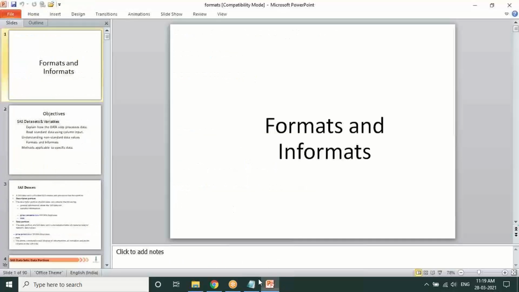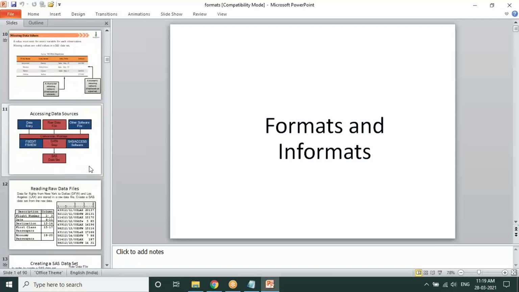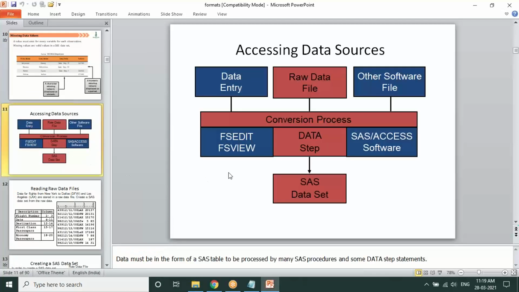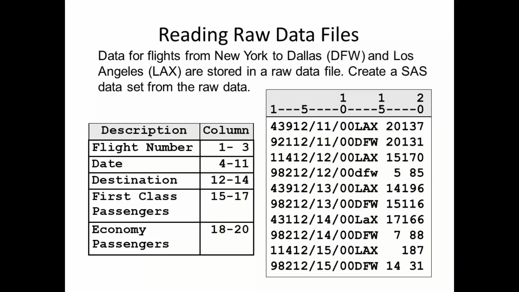I have a presentation here. We have covered all these things earlier, so I'm skipping the slides. The required slide I wanted to show you is this: whenever you get data from different sources, there is obviously some conversion process happening at the backend, and SAS should understand the data. Normally the raw data is given in this kind of form, and descriptions are also provided.